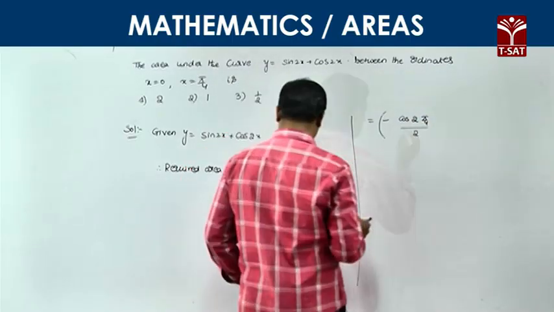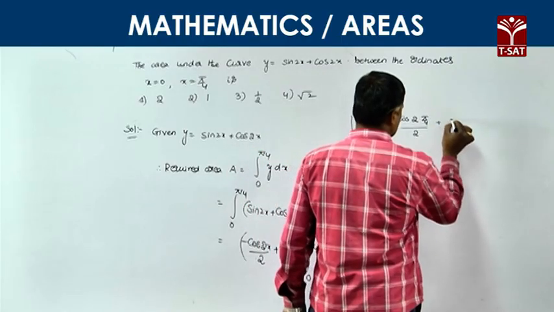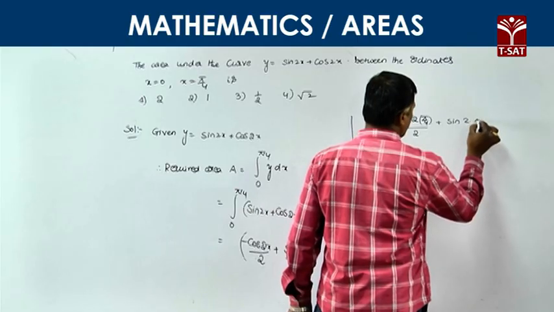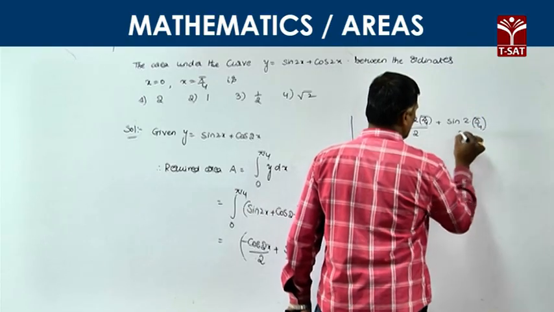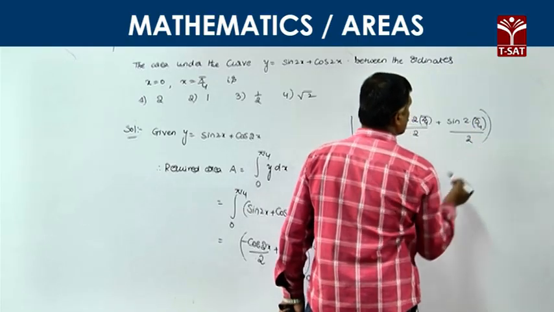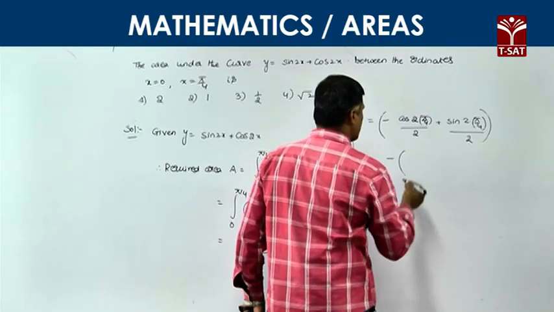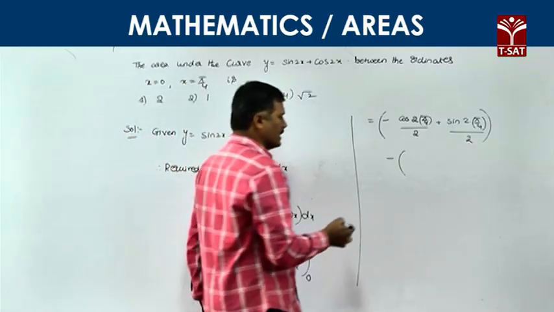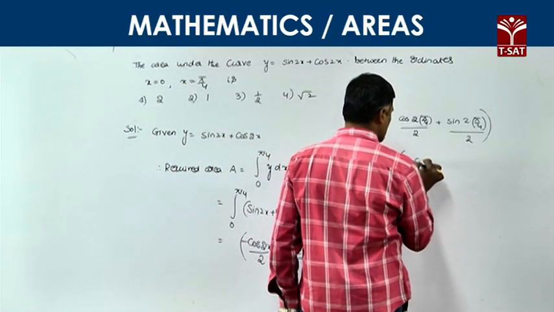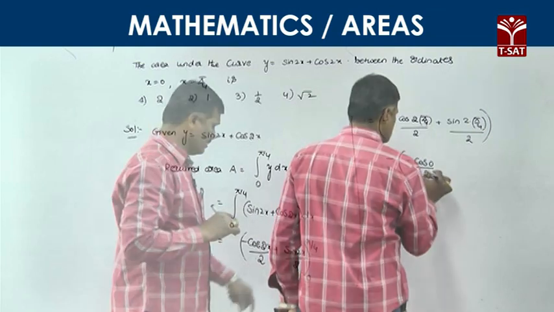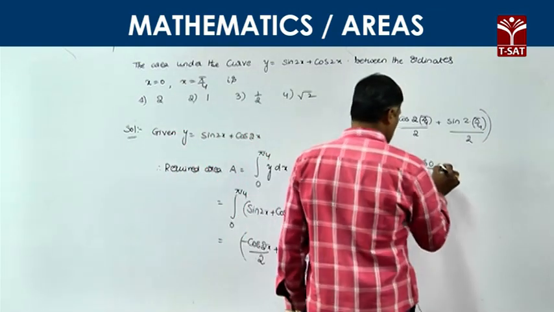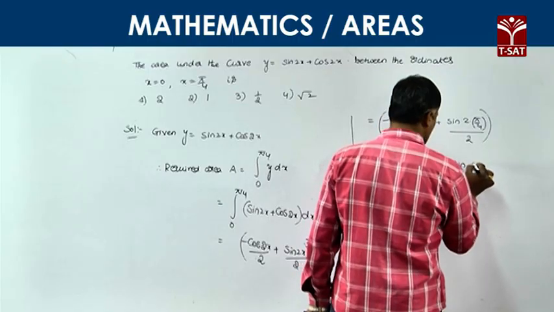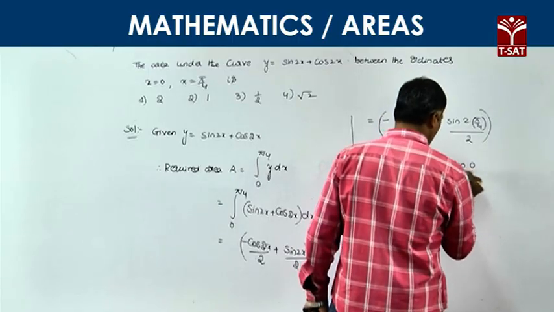By 2 plus sin 2 times π/4 by 2, upper limit minus lower limit: cos 2 times 0, minus cos 0 by 2 plus sin 2 times lower limit 0, sin 0 by 2.